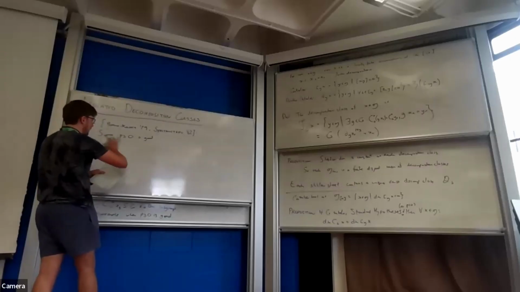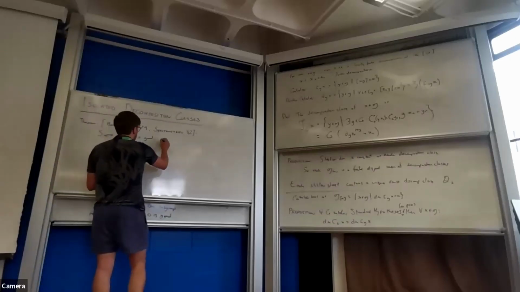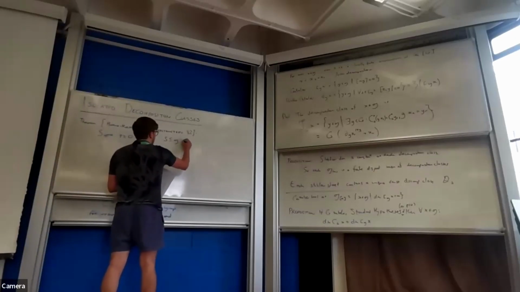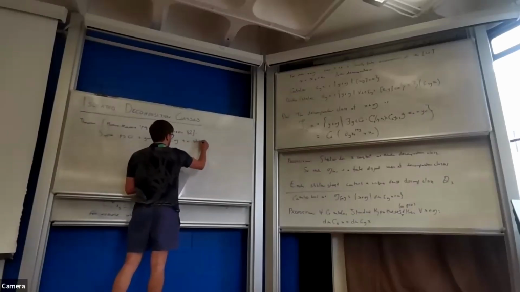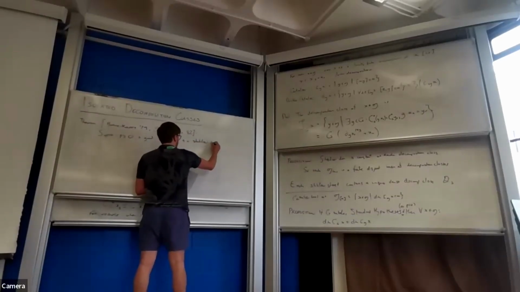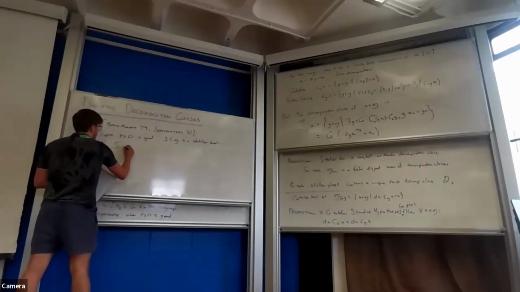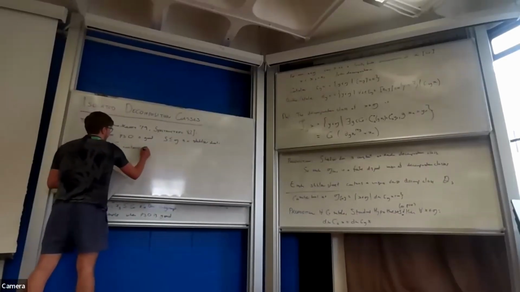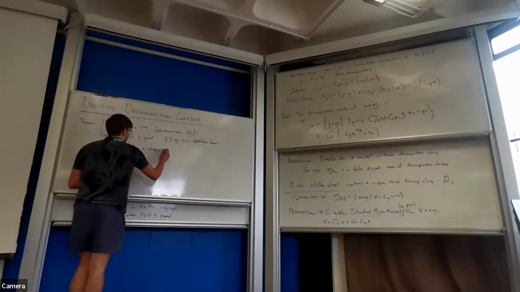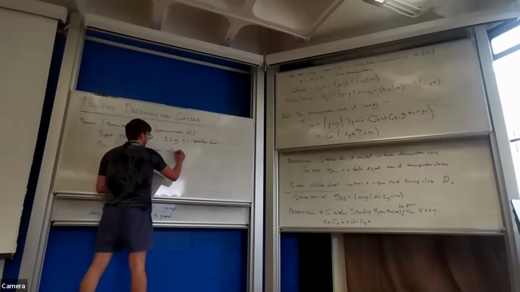You actually can have slightly weaker conditions than this, but this makes it easier. And S is a stabilizer sheet. Then S contains a unique nilpotent orbit.